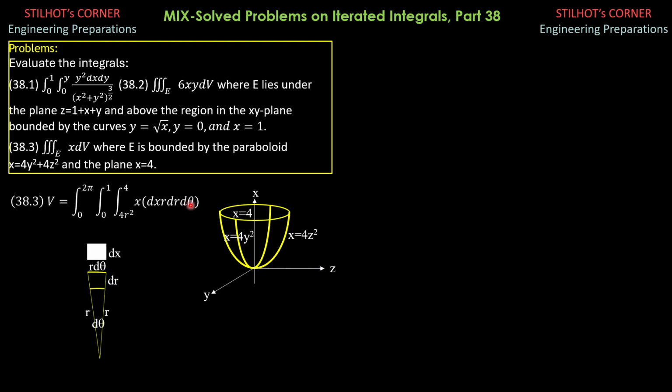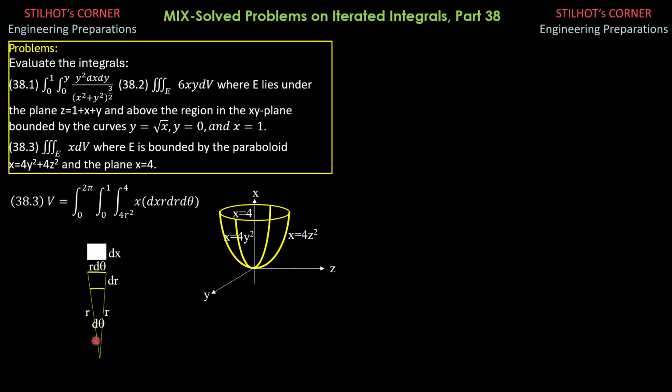So this differential volume dx r dr d theta is explained in this manner. If this is the front view of the differential element, because this is the x-axis, that's dx, the height, and the area under it looks like this.